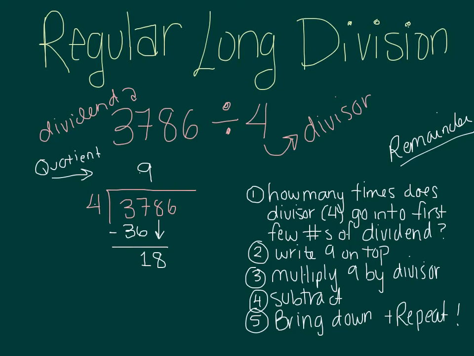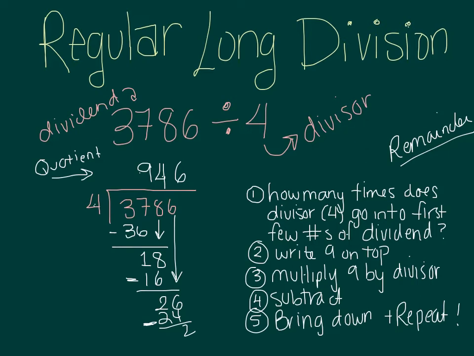Well, 4 goes into 18 4 times. So I write that next to my 9, and then I do 4 times 4 is 16, write that. Subtract, I have a 2, bring down my 6, I have a 6. 4 goes into 26 6 times, 24, and subtract that. It looks like I have a remainder of 2.